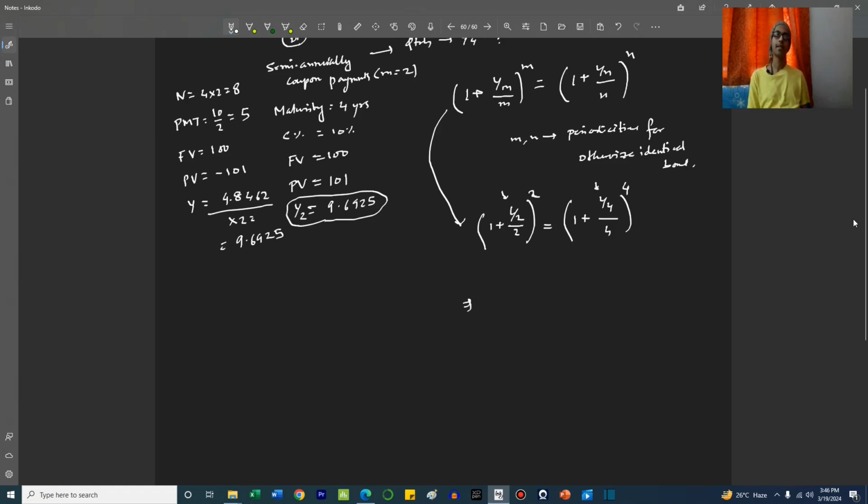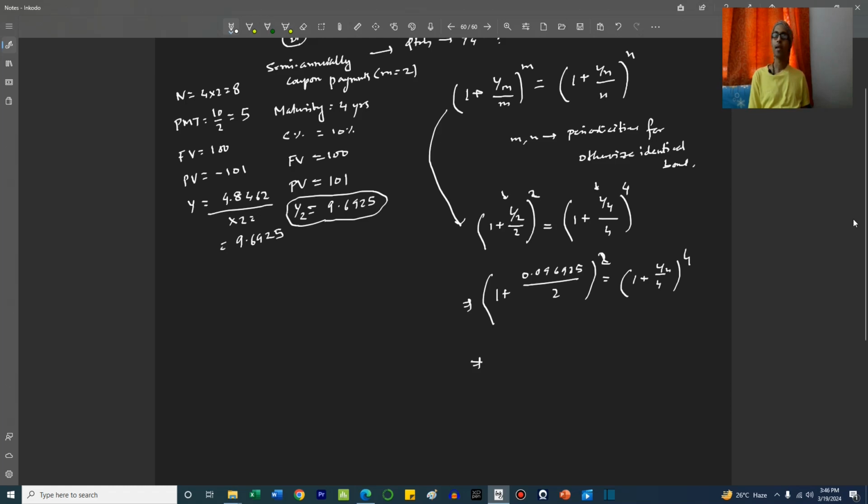So this implies (1 plus 0.096925 by 2) squared is equal to (1 plus y4 by 4) to the power 4.